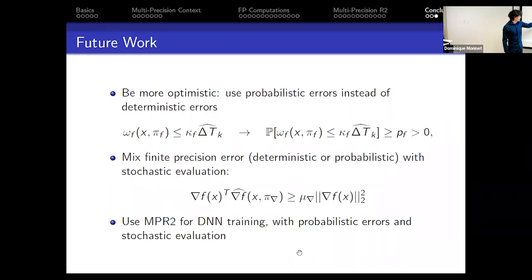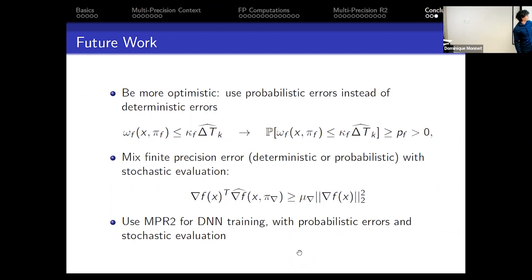And after, what we can do, mostly in the context of deep neural network training: when you take a mini batch, you don't want to have a deterministic error on the objective or the gradient. What you just need is the expectancy.